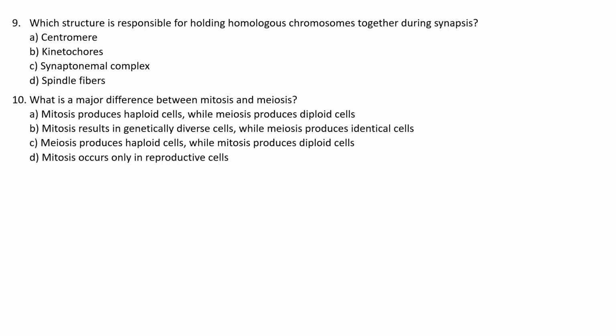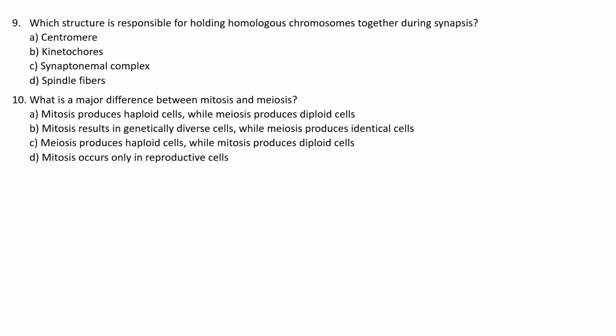Meiosis produces haploid cells and mitosis produces diploid cells. I think that is clear enough by now, so I'm not going to explain that anymore. Obviously the other options are wrong, because mitosis results in genetically diverse cells is not true. There's no crossing over that occurs there.